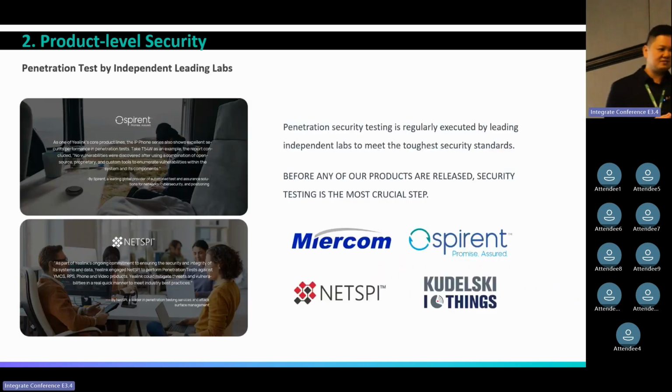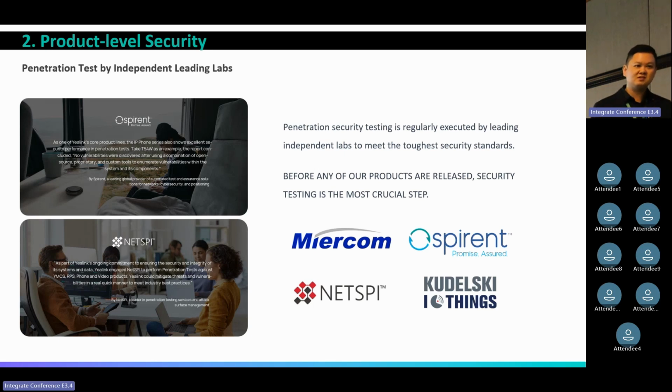Every new product Yealink takes to GA and launches to the market, we must send to a third-party, industry-leading, famous security lab for testing, to do penetration testing and see whether the product is safe and secure.